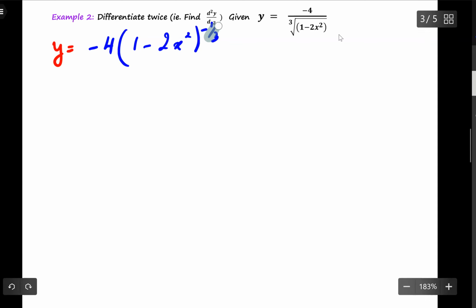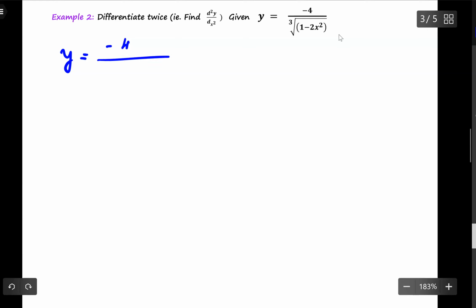So let me rewrite this, step by step. I will write it as y equal to -4 over 1 minus 2x squared, all of it to the exponent 1/3. And then my next step is to write this to the exponent of -1/3, as I have done earlier for everyone.